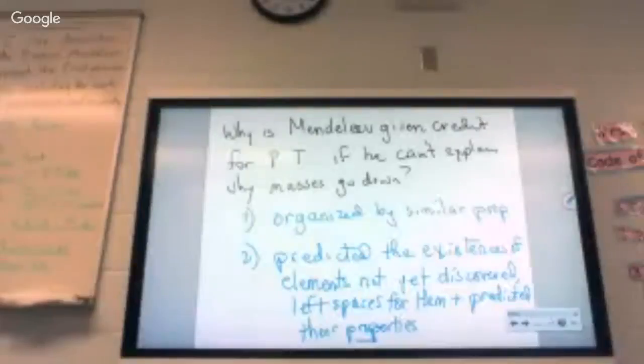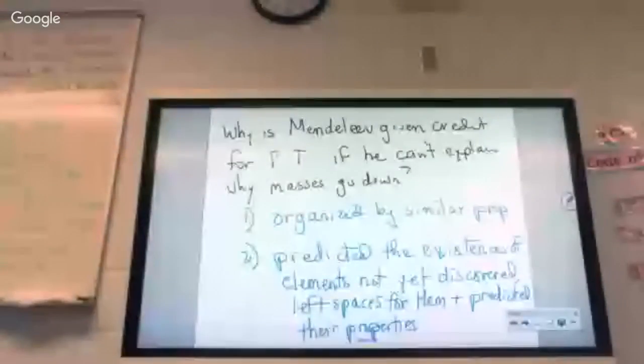He thought, there must be elements out there that we haven't found, and based on that, I'm going to put these spaces, and not only am I going to put them here, these elements are going to have this mass. These elements are going to have this density.